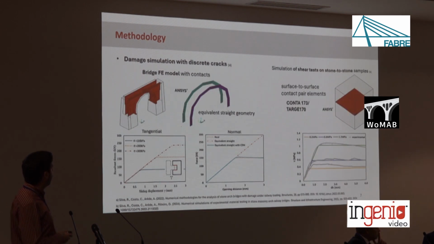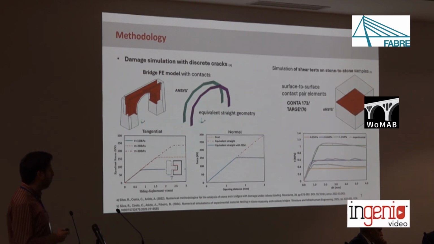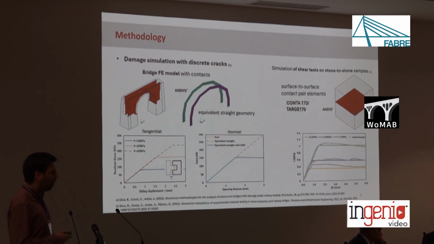In the second approach, with the discrete cracks, we use this equivalent straight geometry. It is not the real geometry of the crack in the stones, but we calibrate this straight geometry in order to represent an already opening crack in the bridge.